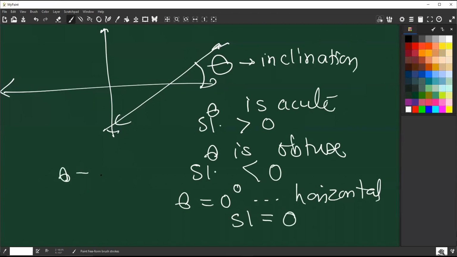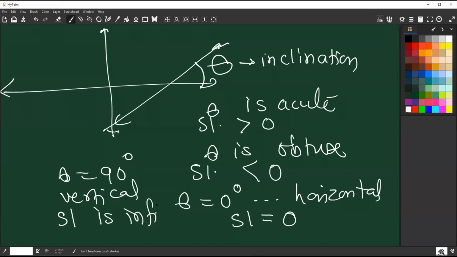And if theta is 90 degrees, that is, if the line is vertical, parallel to the y-axis, the slope is infinite or slope does not exist, because in general, if theta is an inclination, tan theta gives you slope of the line. So tan 90 being infinity, any vertical line will have infinite slope, any horizontal line will have 0 slope. If theta is acute, slope is positive. Theta is obtuse, the slope is negative.